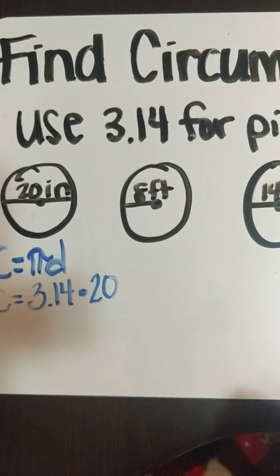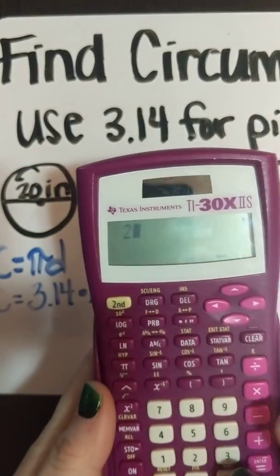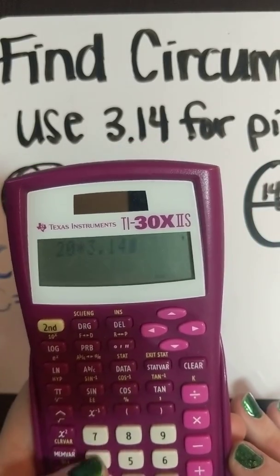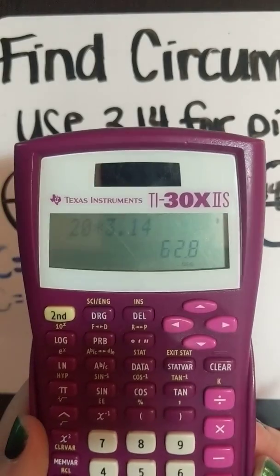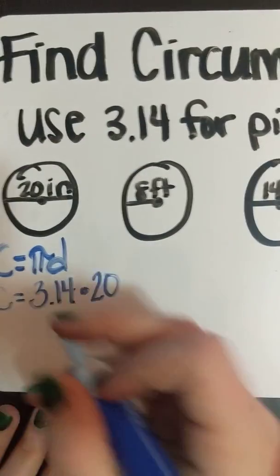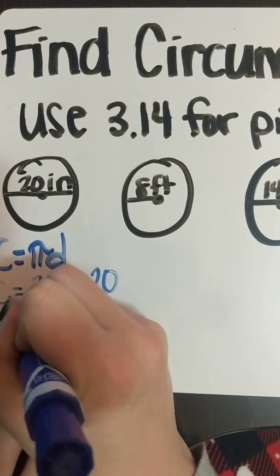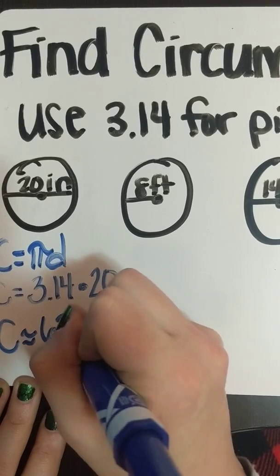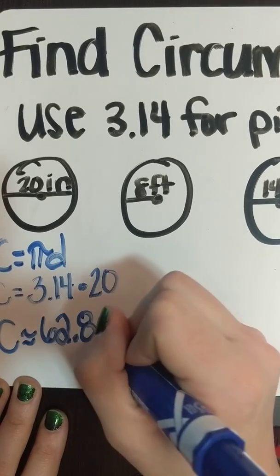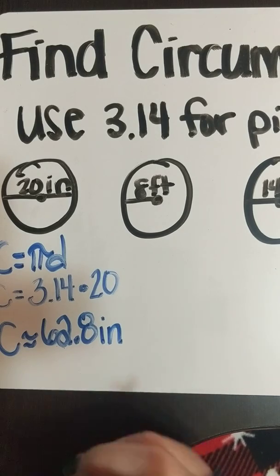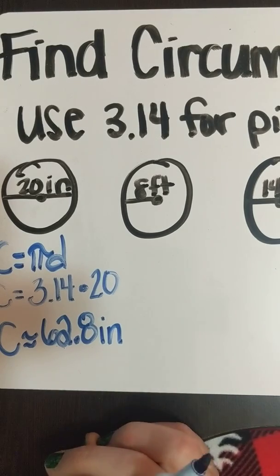I'm going to take my calculator and type in 20 times 3.14, and I'm going to get an approximate answer, 62 and 8/10. So I'm going to say that circumference for us is approximately, because again, pi is a number that goes on forever, 62 and 8/10 inches. This is all that we need to do for circumference.